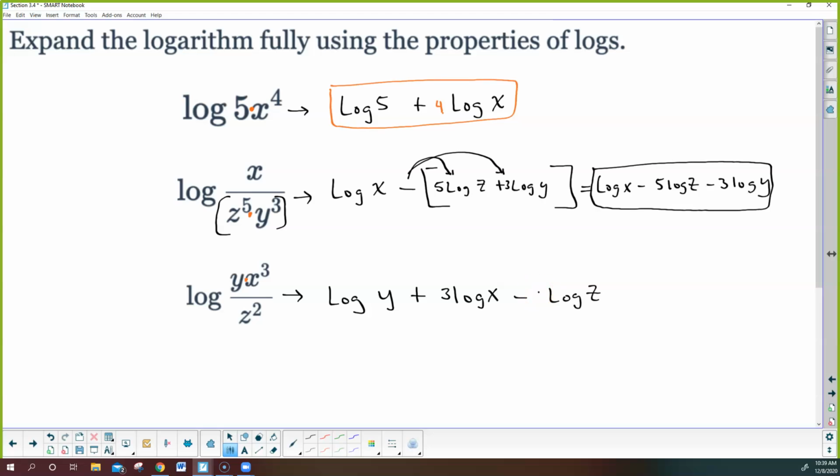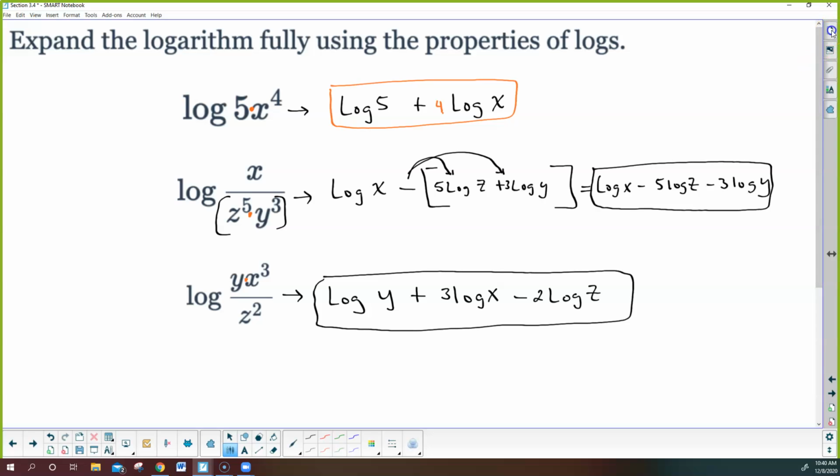But instead of putting the squared, the 2 is going to go out in front. So it's a little easier when you just have one variable in the denominator versus 2. Now, if you don't like skipping steps, don't. Show your work, show the steps, and you'll be good. But I also want to show you that you are able to do these more in your head once you become really good at it.